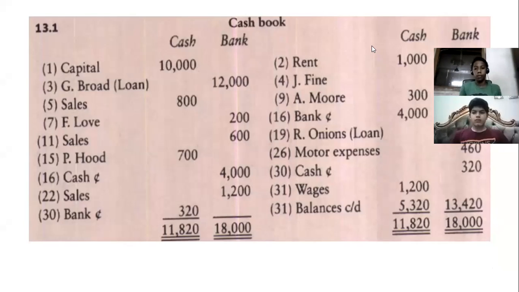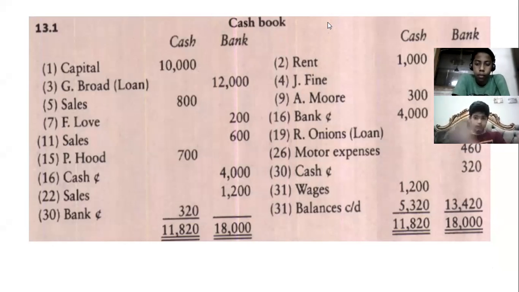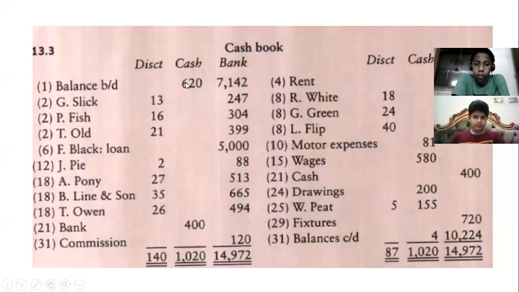Okay, good, Ayan. You will write here discount allowed, complete, and here you will write discount received.